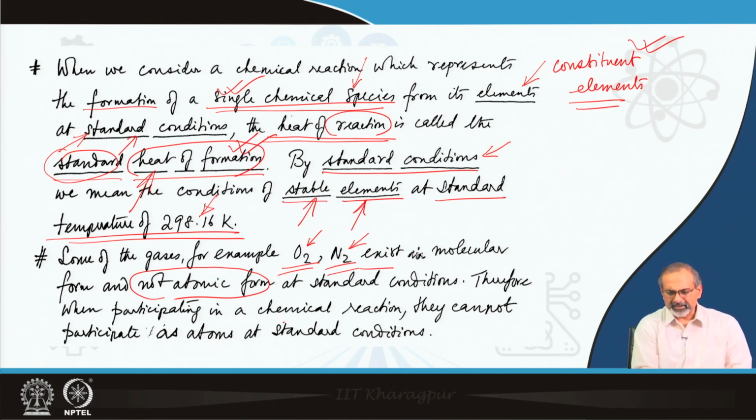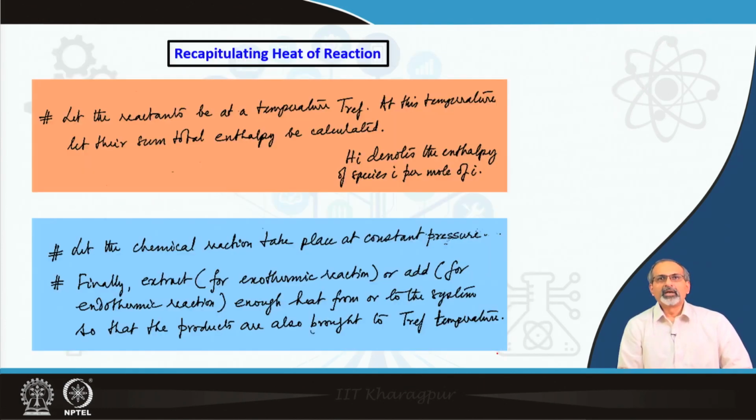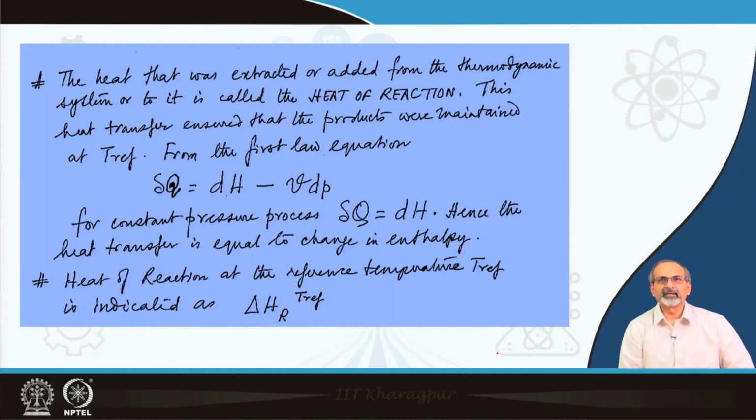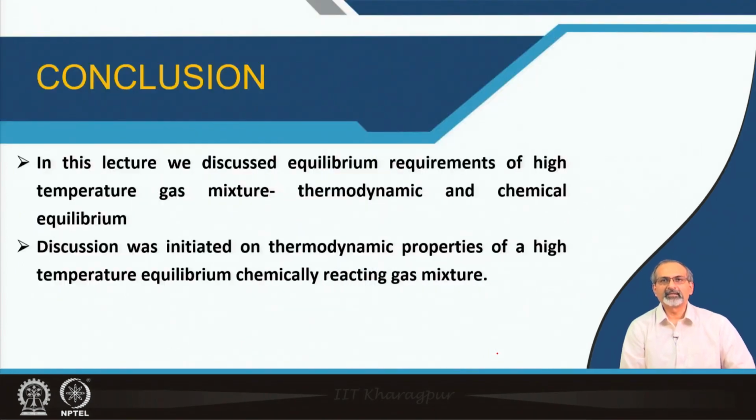Therefore, when participating in a chemical reaction, oxygen or nitrogen, they cannot participate as atoms at standard conditions, they have to participate as molecules. So, that is the message we are trying to send. We will look at more about heat of reaction and then how it helps us to understand the heat of formation in the next lecture.